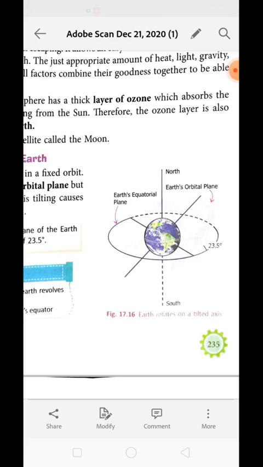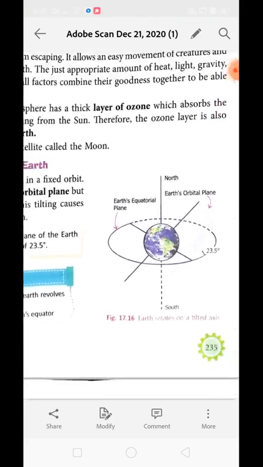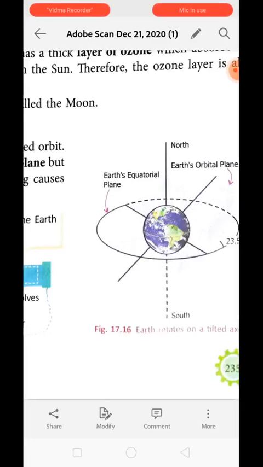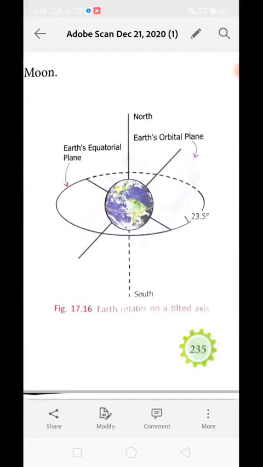Earth is revolving around the sun in a little bit tilted condition, and because of it, the season of Earth gets changed after several months. The equatorial plane and orbital plane of the Earth are inclined to each other at an angle of 23.5 degree. You can see this is the pathway on which it rotates on its axis.